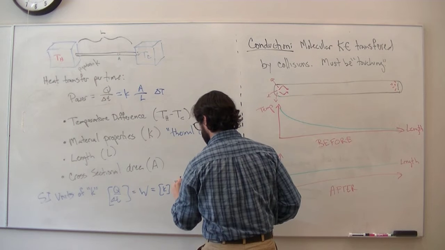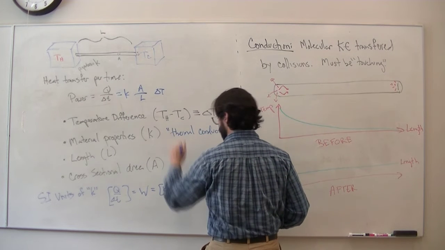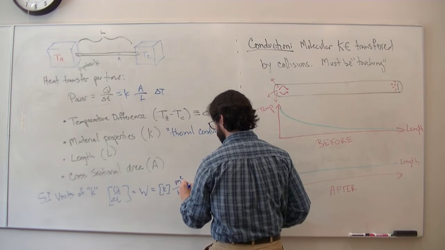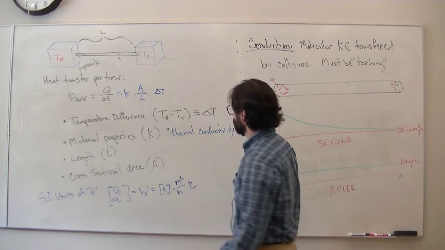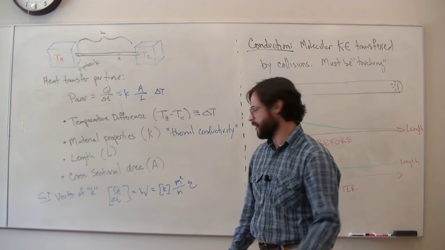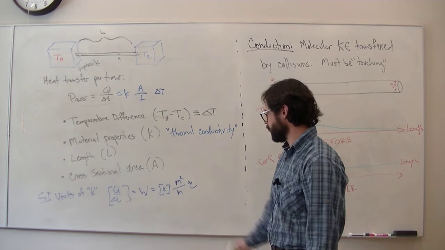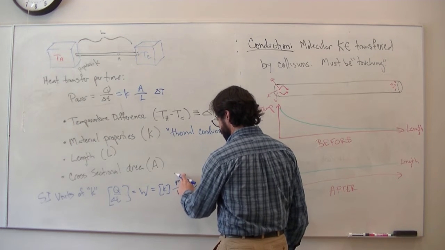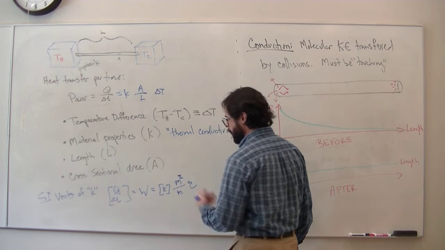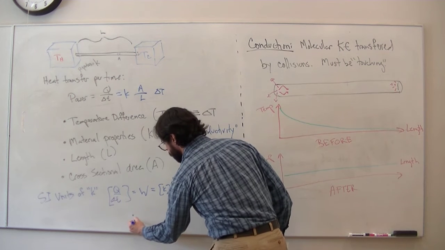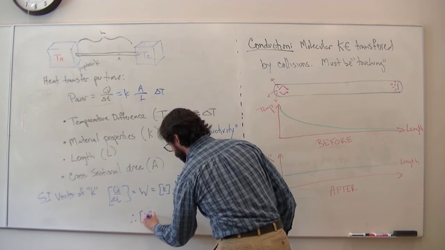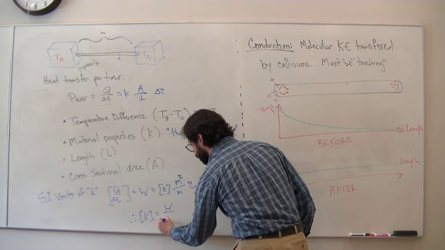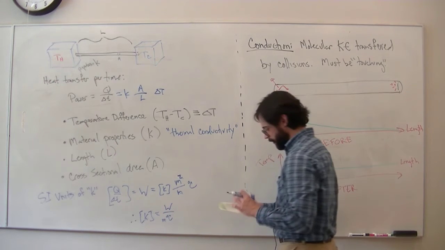Units of L are meters. And that is Kelvin or Celsius, again, because we have yet another delta. It's ambiguous. We could use Kelvin or Celsius. I'm going to use Celsius because there's too many K's in this already. All right, and then that can simplify. And therefore, we have the units of the thermal conductivity in SI, or SI-ish, are watts per meter degree Celsius.